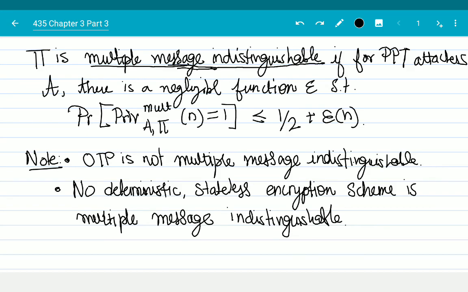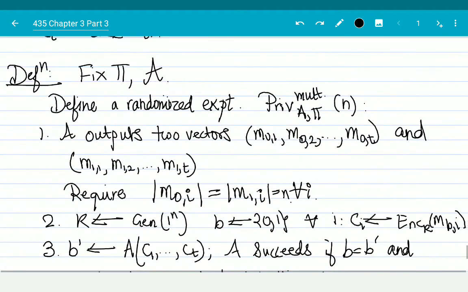If you look back at our definition here, it says you can choose two vectors of messages, right? What happens if I take m01 equals m02 and m11 not equal to m12? You're going to get some ciphertexts. If you're using the same key and your first two ciphertexts are the same, then there is a heavy chance that the message encrypted was m01, m02.